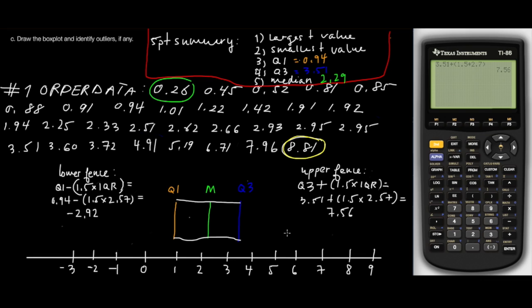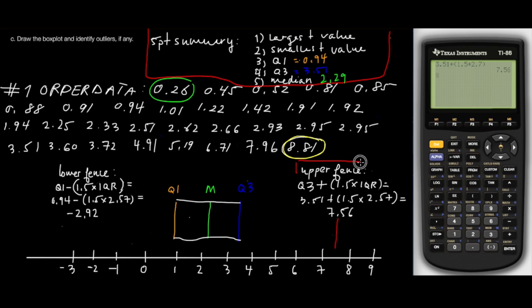So now that we have our box, we need our whiskers. How do we determine the whiskers? Very simple. Our whiskers are the last data point before we fall out of the fence. So those are the limits of our whiskers. So I'll illustrate. We know that our upper fence is at 7.56. So that falls somewhere around here.